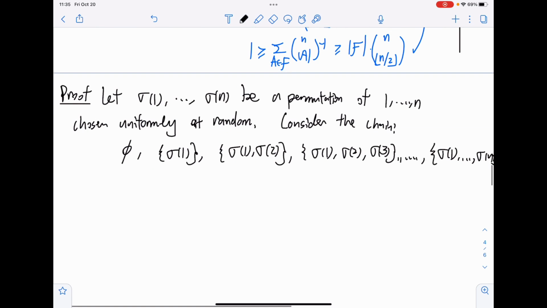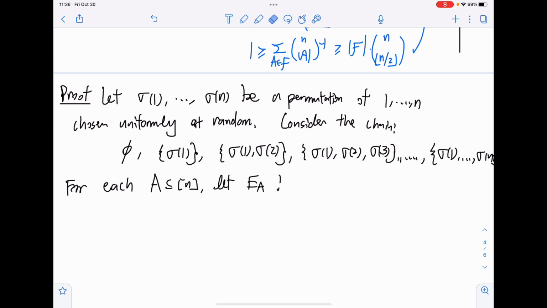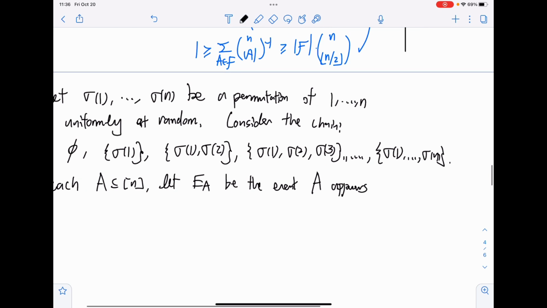And we can see that for each A in the subsets of 1 to n, we can let E sub A be the event that A appears in the chain.